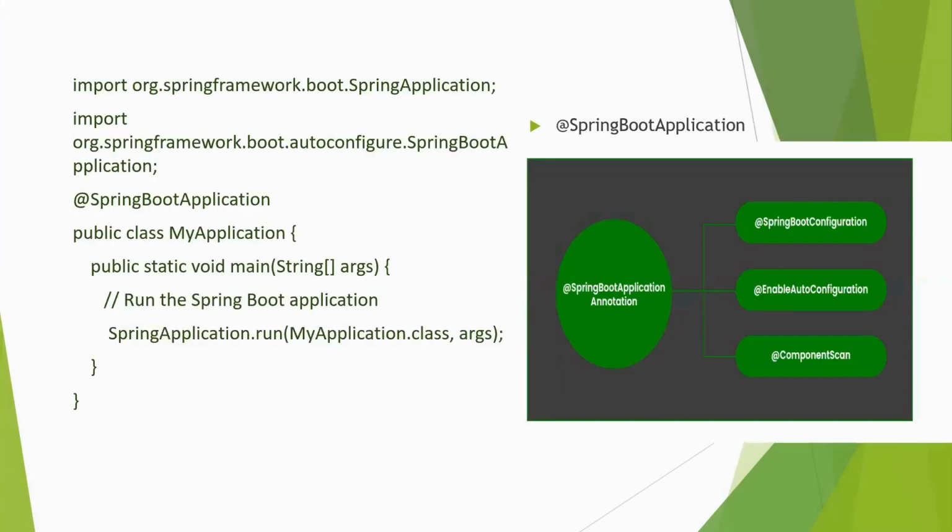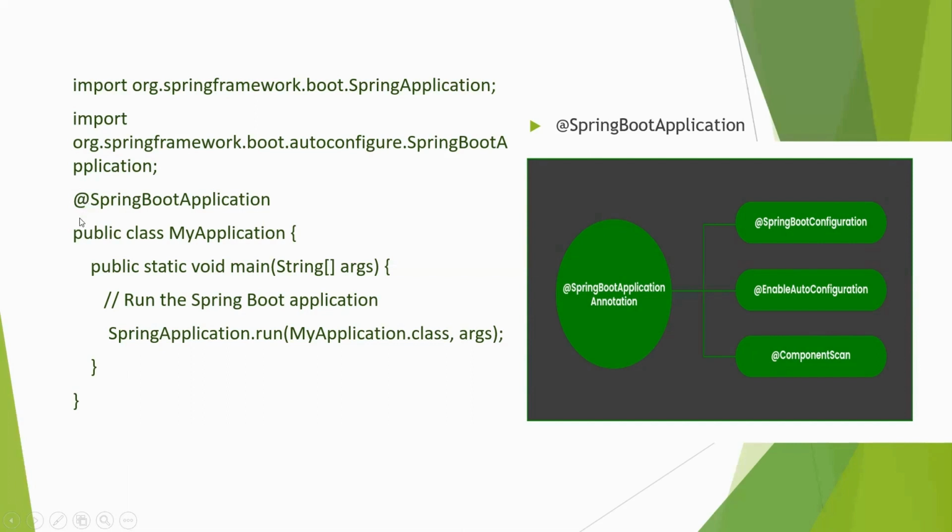If you see the diagram, this is the @SpringBootApplication annotation. It is a combination of @SpringBootConfiguration, @EnableAutoConfiguration, and @ComponentScan. This is the basic example, called the main application.